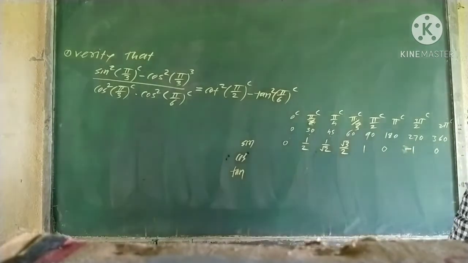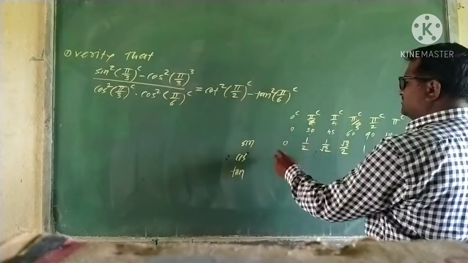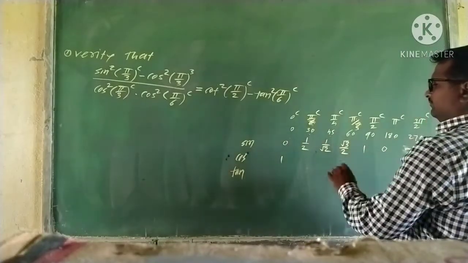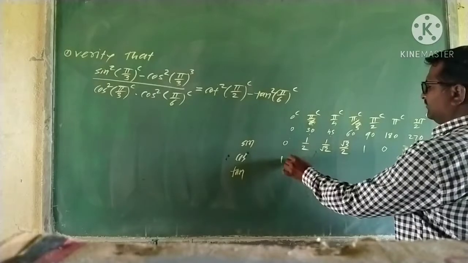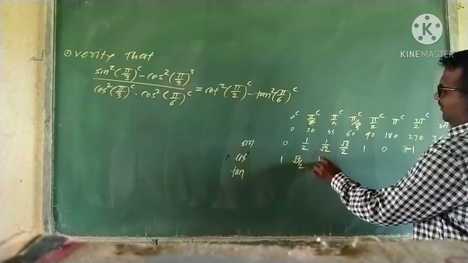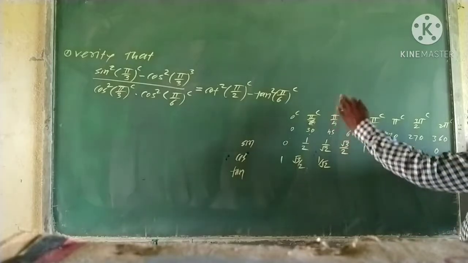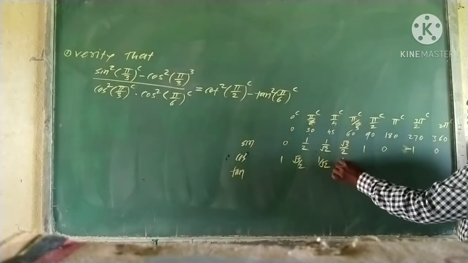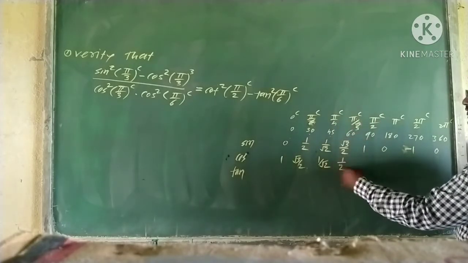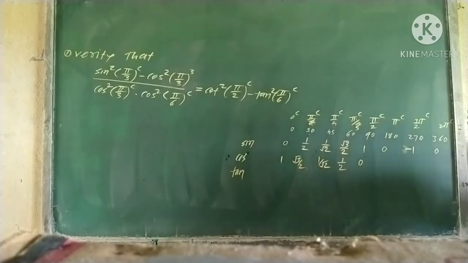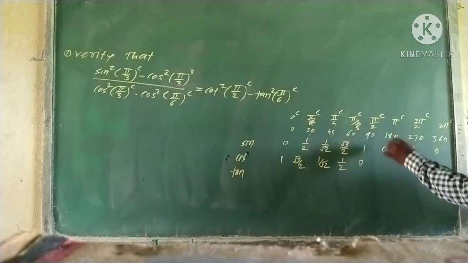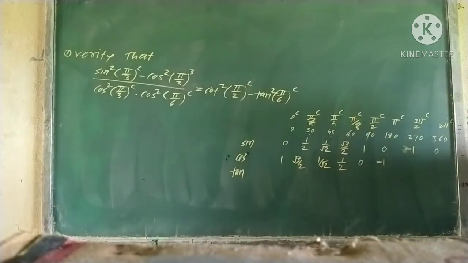Now here the values of cos. Cos of 0 is 1, cos of 30 is square root 3 upon 2, cos of 45 is 1 upon square root 2, cos of 60 is 1 upon 2, cos of 90 is 0, cos of 180 is minus 1, cos of 3 pi upon 2, means 270, is 0, and cos of 360 is equal to 1.